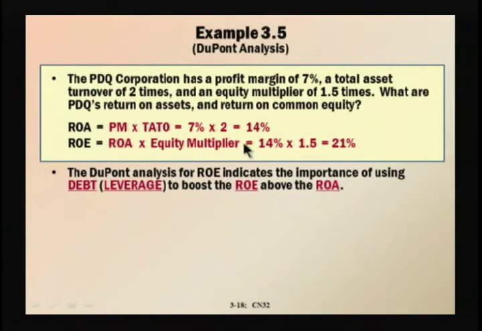Because the equity multiplier, which is assets over equity, was 1.5 times. So that equity multiplier being greater than 1 is what multiplied the ROA into an even larger ROE. So DuPont illustrates the fact that debt, leverage, or the use of debt will boost our ROE, return on equity, above our return on assets.